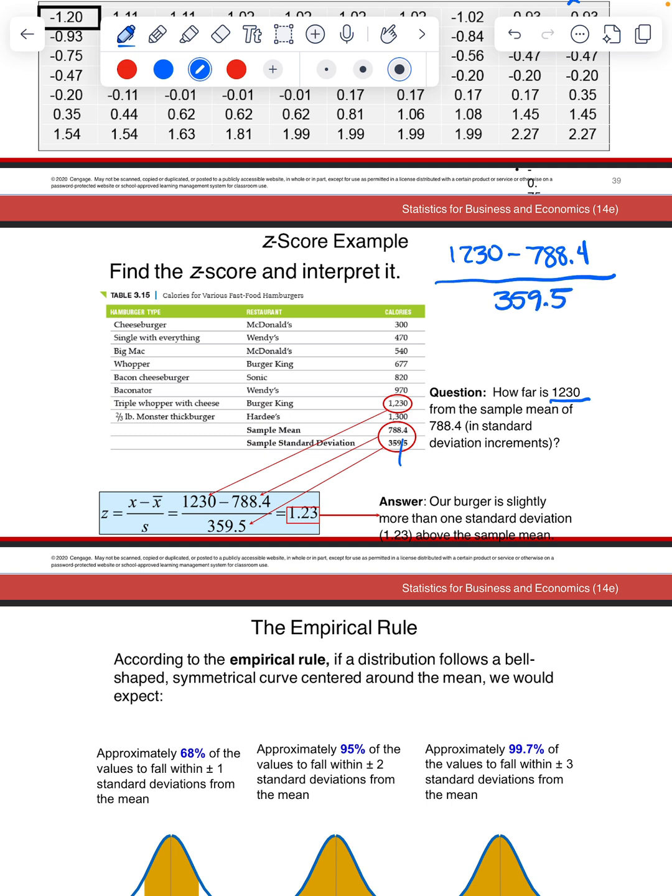And you get positive 1.23. So what does that mean? Well, it means if your mean is in the middle, that it's going to fall right here on our normal distribution because it's greater than the mean.